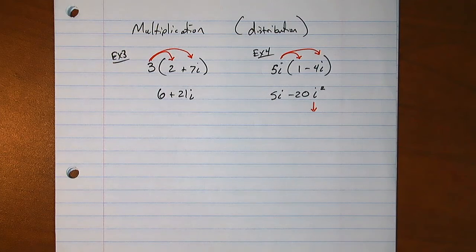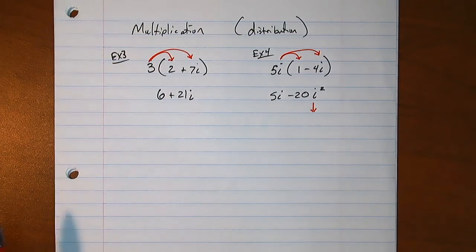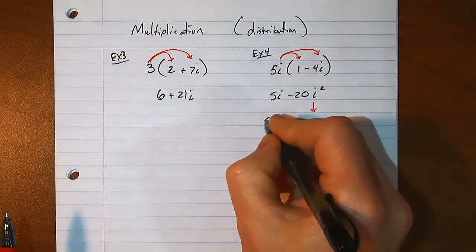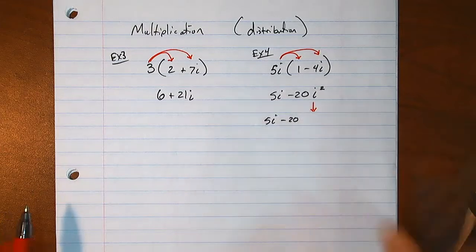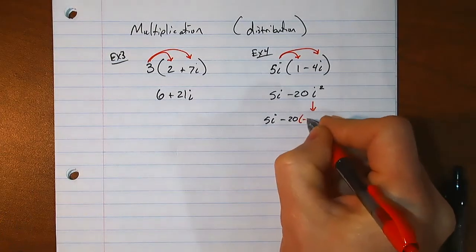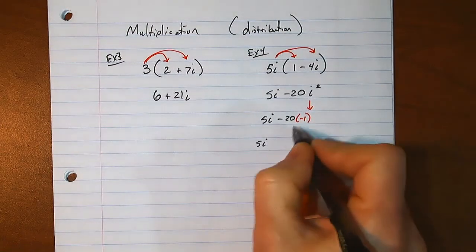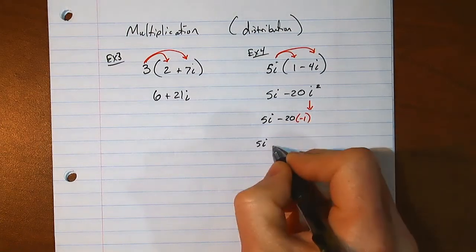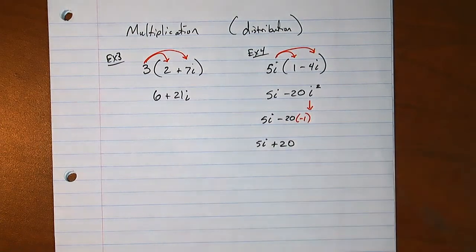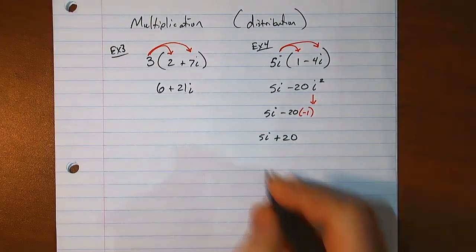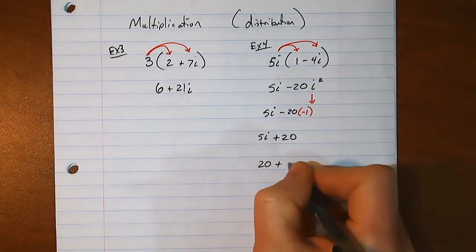We know what i squared equals. i squared equals -1. So I'm going to take that i squared and turn it into times -1. So what I end up with then is a -20 times a -1. That becomes a +20. And then the last thing I would do is reorder it so that it's in standard form.